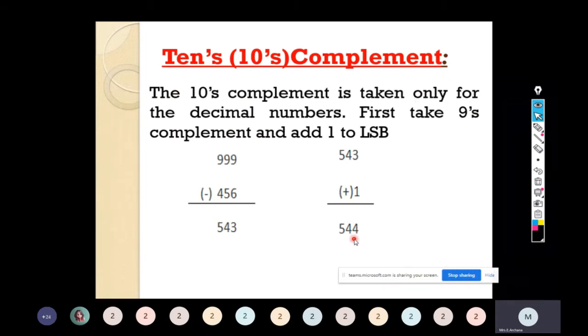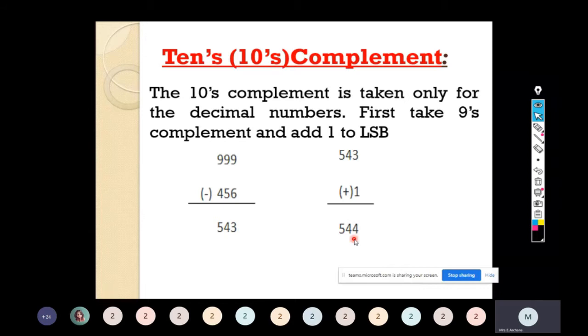So for ones complement, in the given number 0 is converted to 1 and 1 is converted to 0 to get the ones complement result. For two's complement, first take the ones complement, and for the obtained result add 1 to the LSB to get the two's complement.